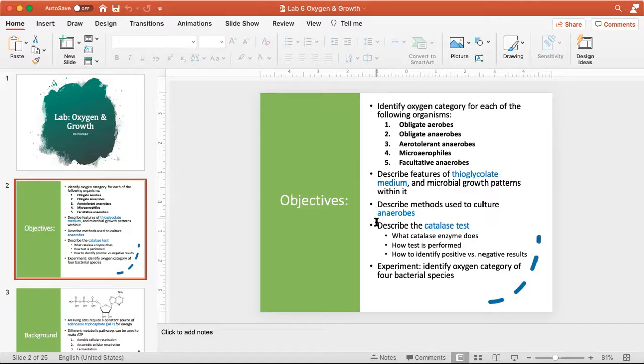We're going to talk about another test called the Catalase Test and what it does, how it's run, and what catalase is. And then we'll do a little experiment and we'll try to identify which category certain bacterial species belong to.